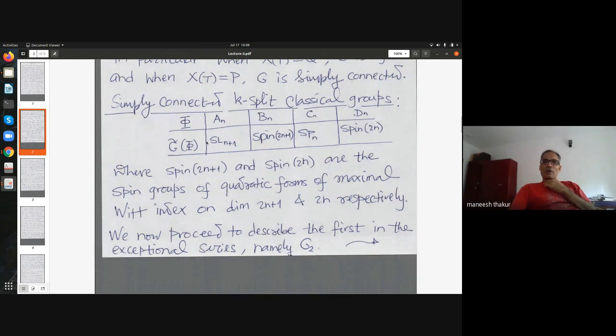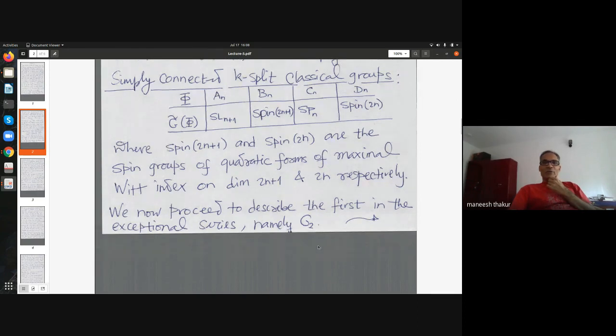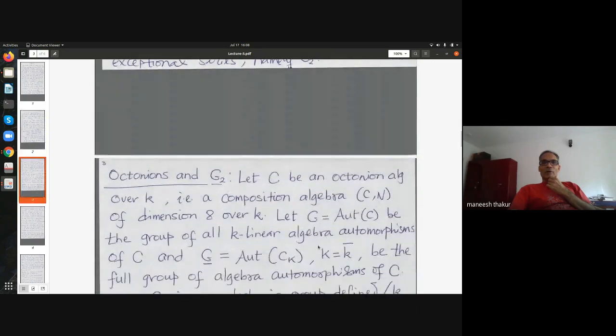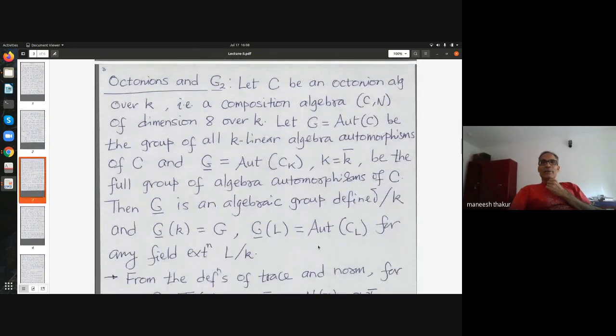So let me now come to the smallest of the algebraic exceptional groups, and tell you what role octonions play here. I am not going to go back to the earlier lecture. There I ended with a model for the split octonions. I'm not going to use that.